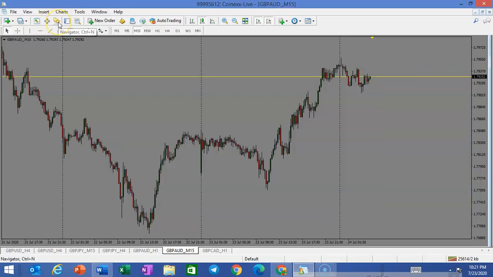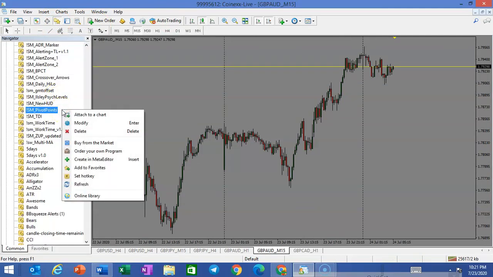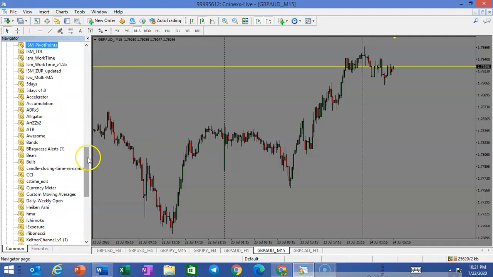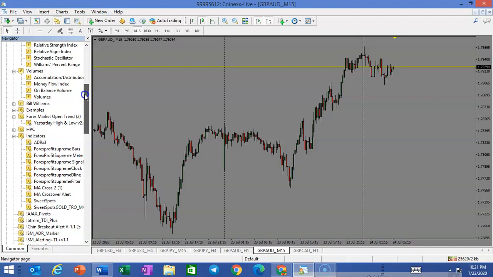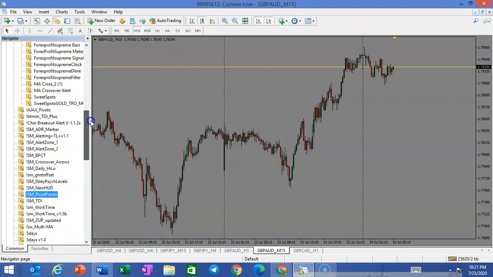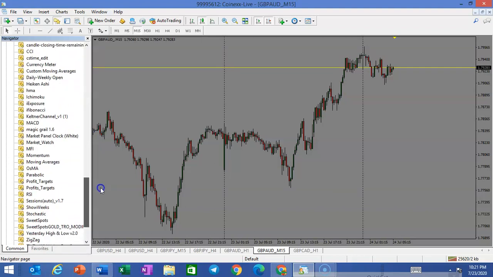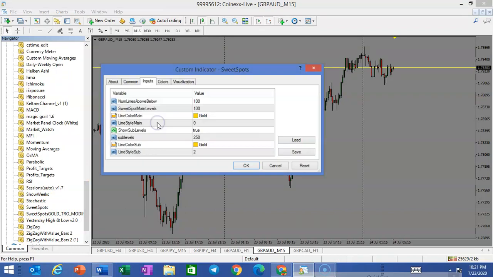Then you would go to your navigator window. You would right click and you would hit the refresh button. And once you hit the refresh button, you will be able to see your sweet spot indicator, which is right here on your screen.